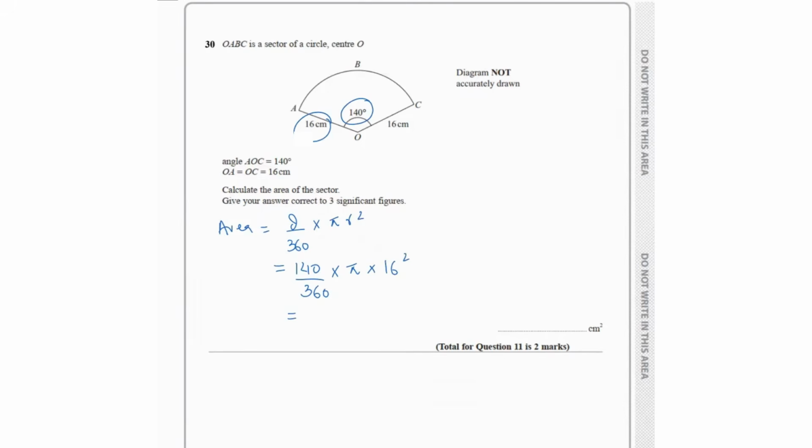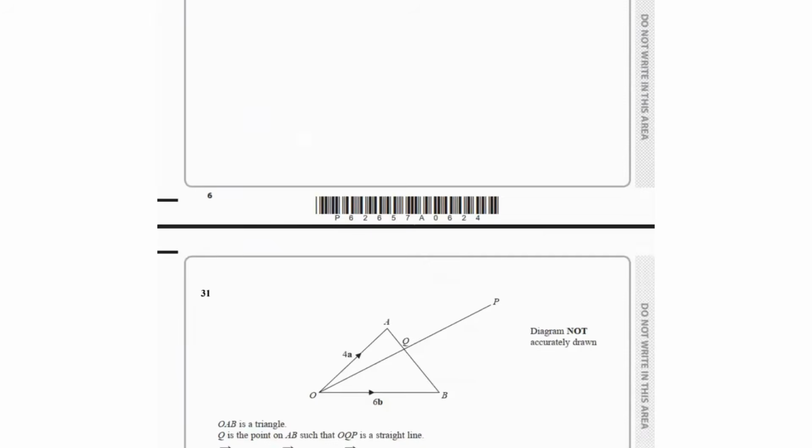Just plug this in the calculator and that gives us 312.76. They want the answer correct to 3 significant figures, so that's going to be 313 centimeters square. That's it. Very basic. You just need to know the formula for this. That's it.